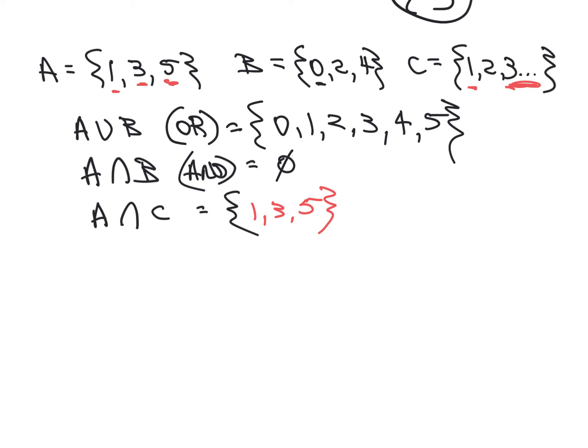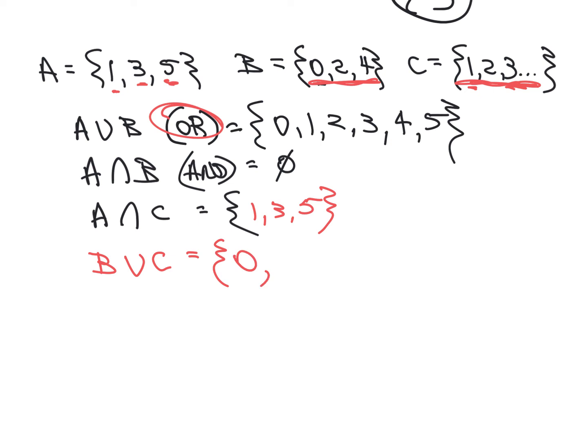And then finally, we'll look at B unions C. And again, union means or. Well, I have 0, 2, and 4 in B, and 1, 2, 3, 4 into forever in C. So it has to be in one or the other. Now 0 is in B, but it's not in C, but it doesn't matter. It just has to be in one or the other.